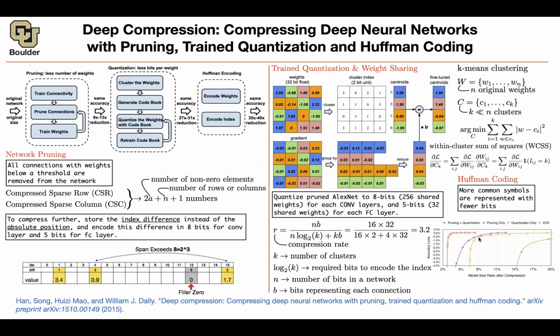But if it's 8% or 14% or even 16%, you're not losing much. With pruning only, this is how much you're losing in terms of accuracy. But when you do pruning and quantization and these techniques and do your retraining, you can keep only 4% of your network or 3% of your network and still be as accurate as the original AlexNet. So this is impressive in terms of saving.